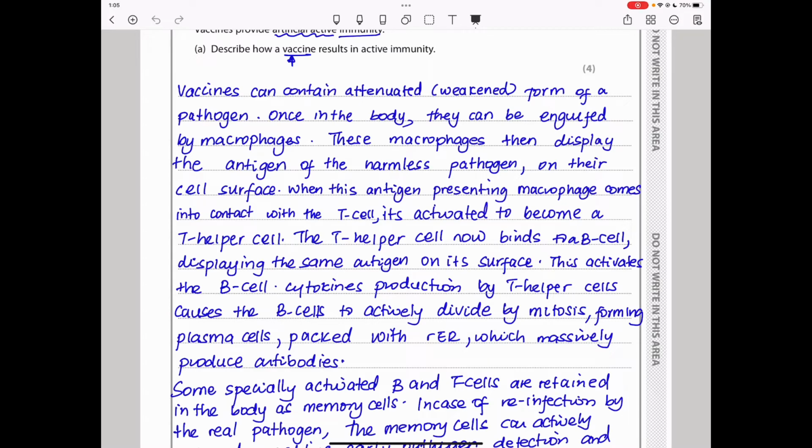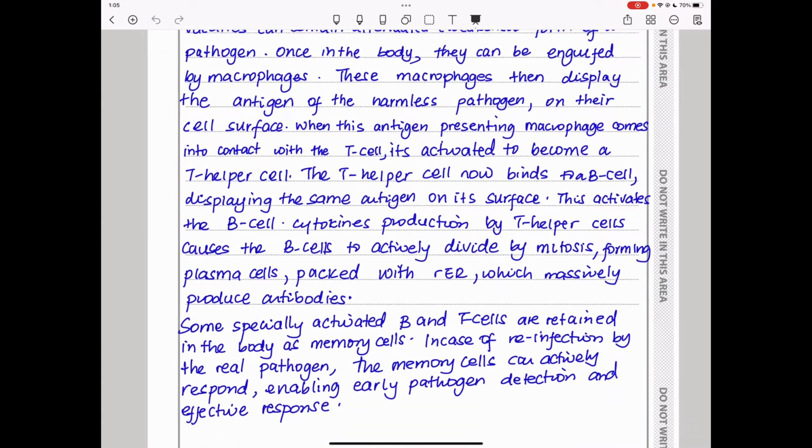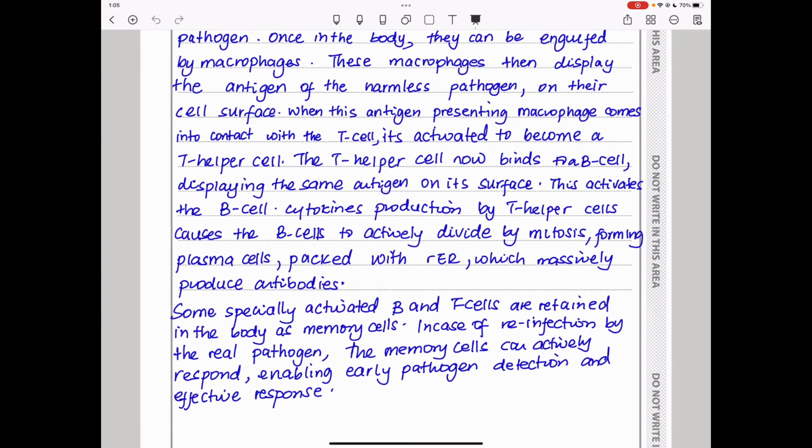These plasma cells will have a lot of the rough endoplasmic reticulum present in them, so that a lot of antibodies can be produced by these.